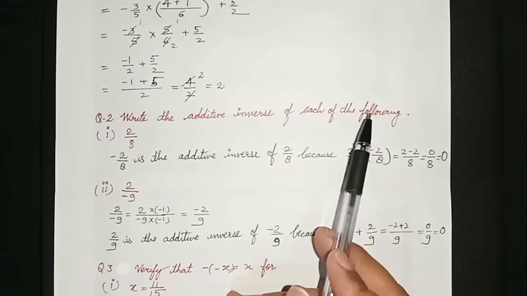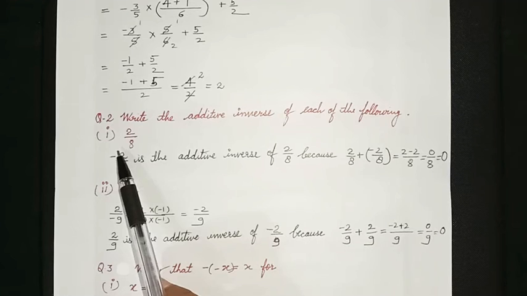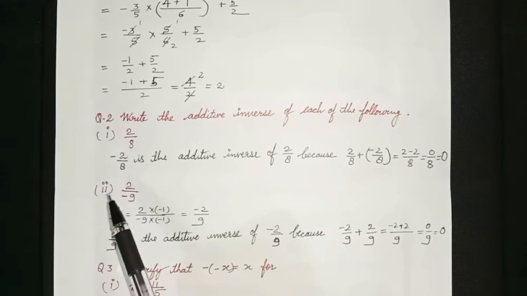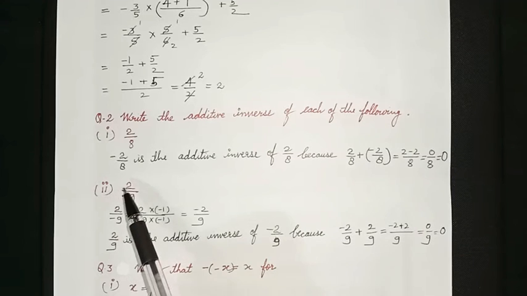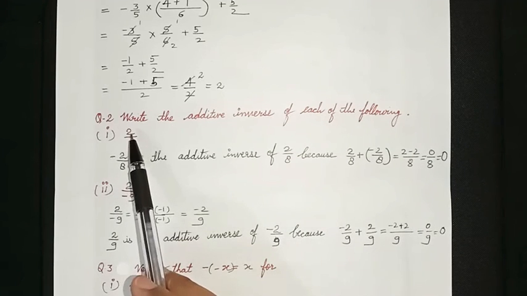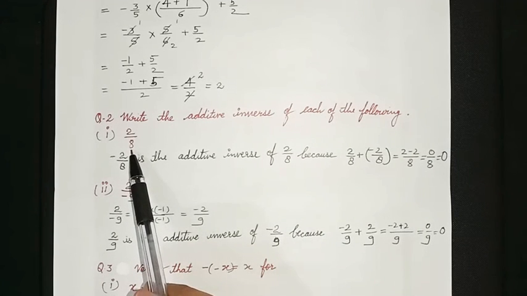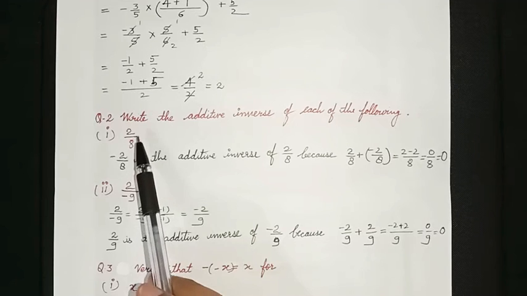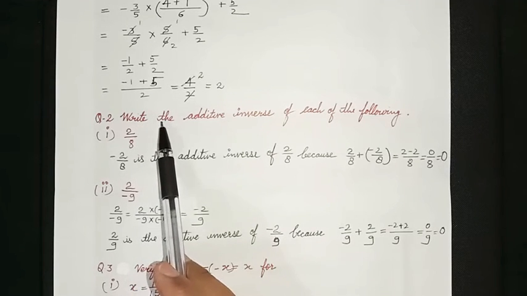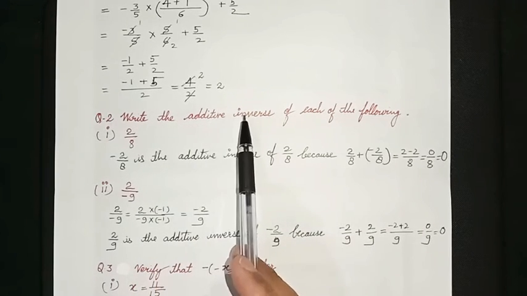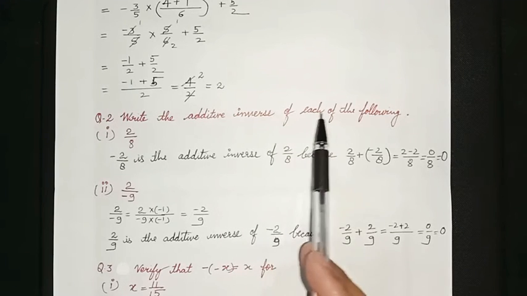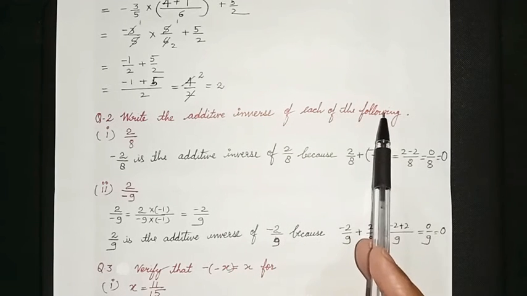Here I will explain the first part and second part of the question. The first part of the question is 2 by 8. And the question is, write the additive inverse of each of the following.